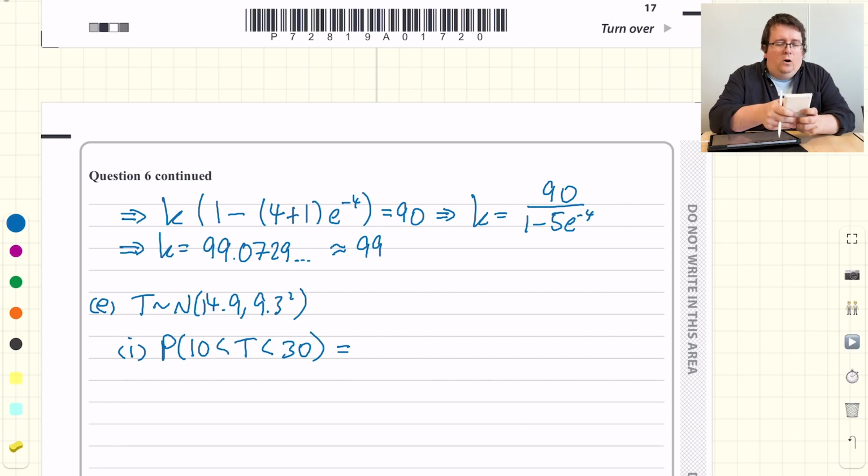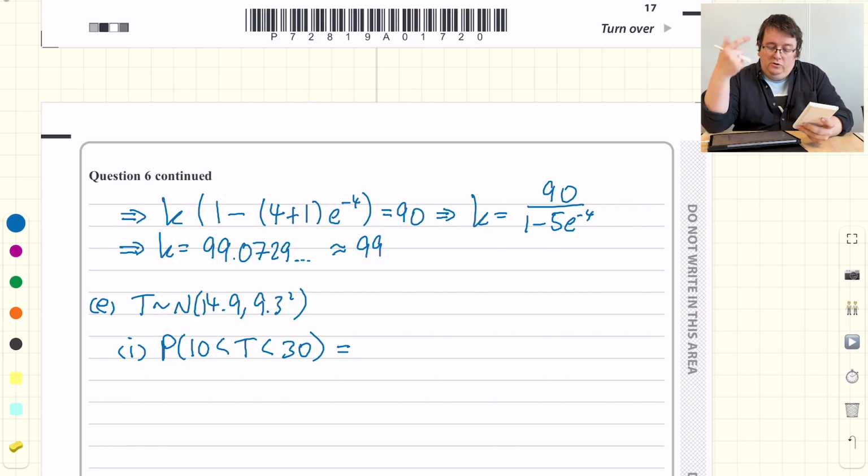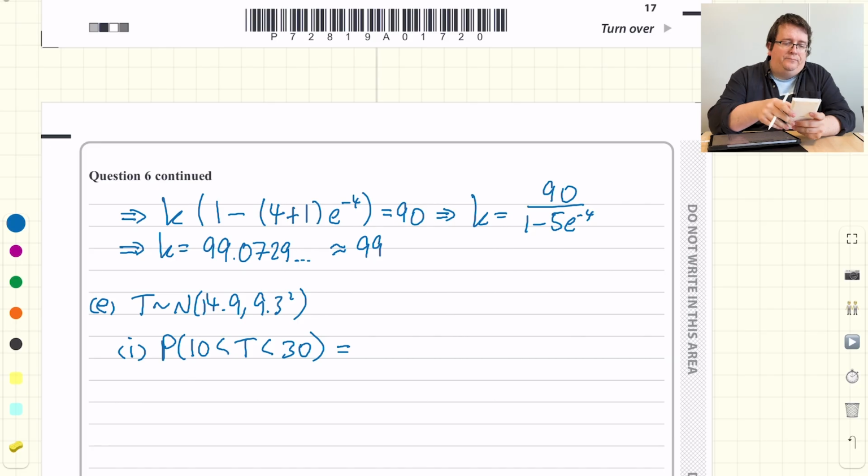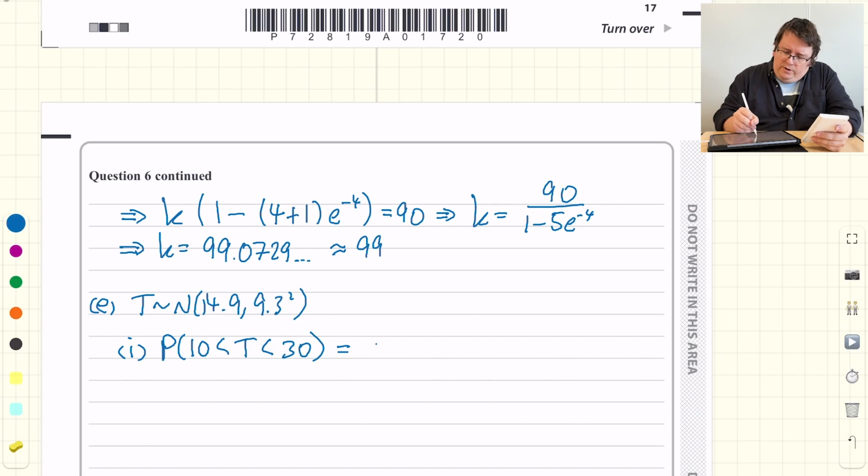On your class quiz, you'd be going to normal CD. Put the lower in as 10, upper in as 30 for a normal distribution, 14.9, 9.3, and we should get 0.6486.